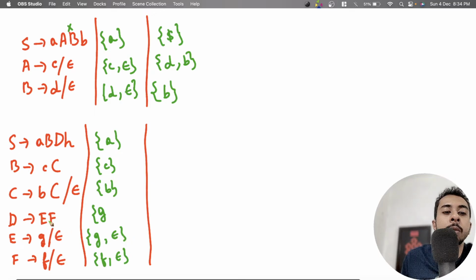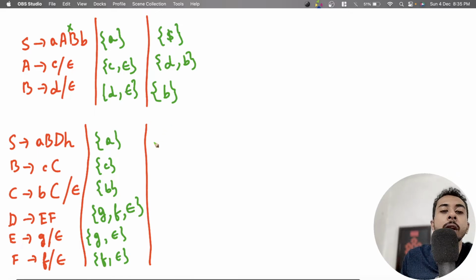So if I put the epsilon in place of E, it will be first of F. What is first of F? It is F. And if I put the epsilon here, the entire thing E F becomes epsilon. So this production is itself capable of producing epsilon. That is why epsilon is added.